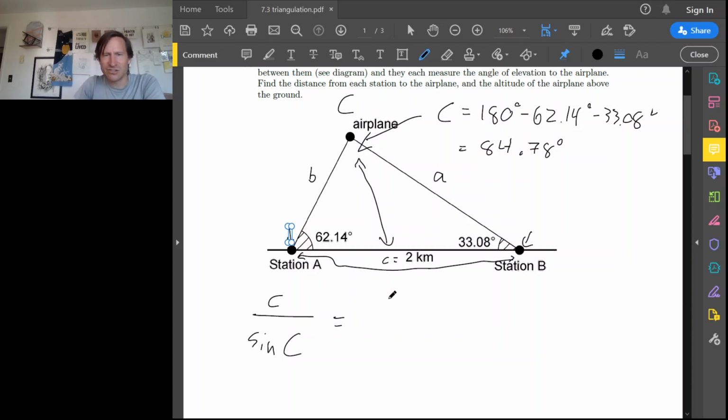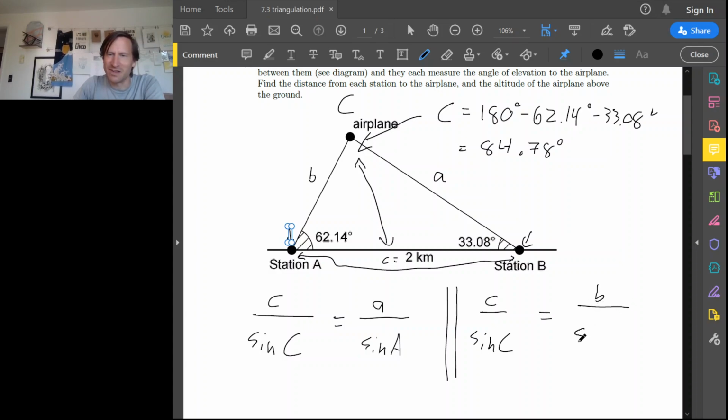And I guess let's start finding the side little a. So we're going to use this version of the law of sines. In fact, while we're at it, why don't we find the side b by using this other version of the law of sines?